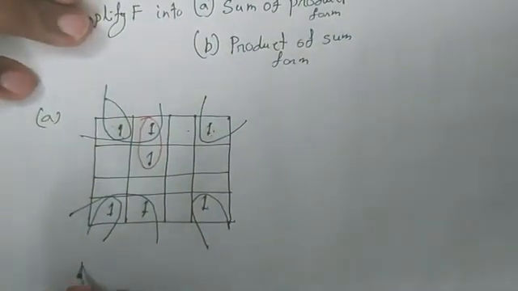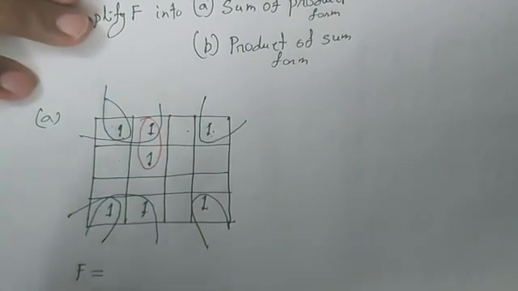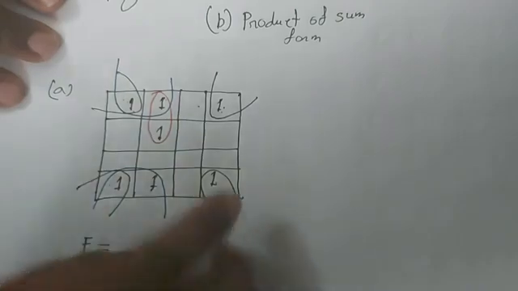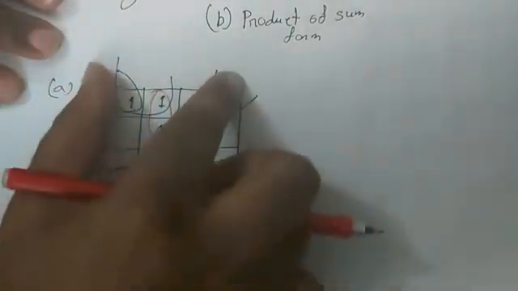Now if we solve the equation for f, the four corners give B prime and D prime.